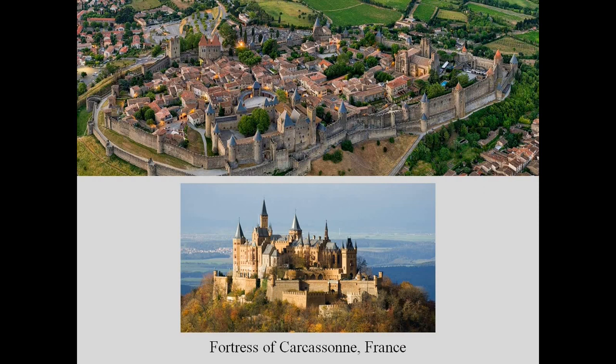So the right location of the city or fortress was very important in antiquity and also in the Middle Ages.